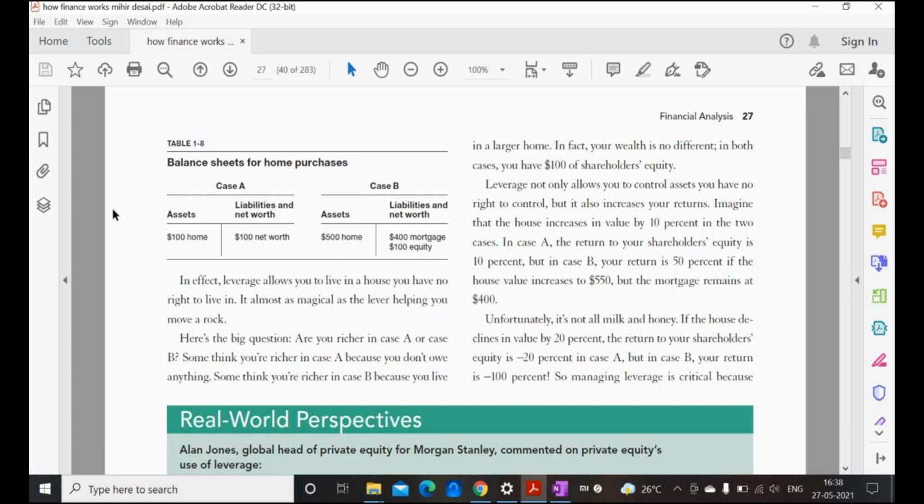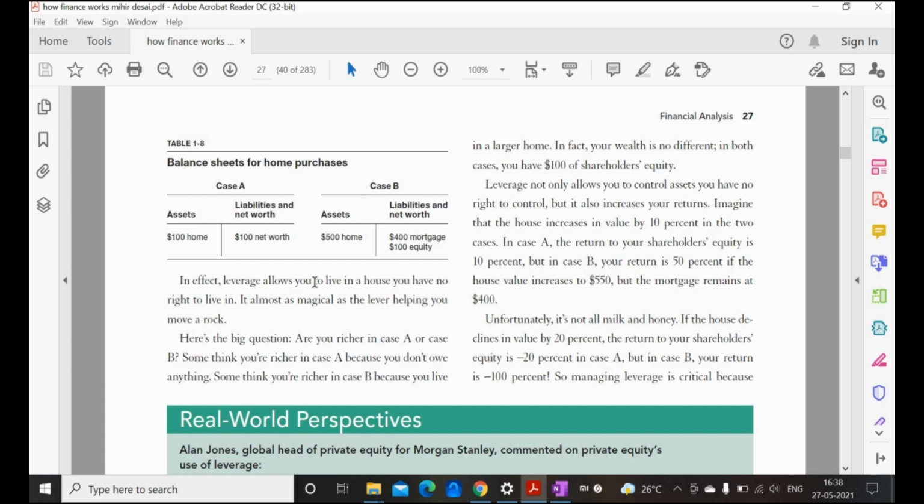In case A, on the asset side, it will appear as a $100 home, and in liabilities, it will appear as $100 net worth, right? But in case B, assets are a $500 home, and liabilities are a $400 mortgage and $100 equity, right? So this is how it will appear in the balance sheet.